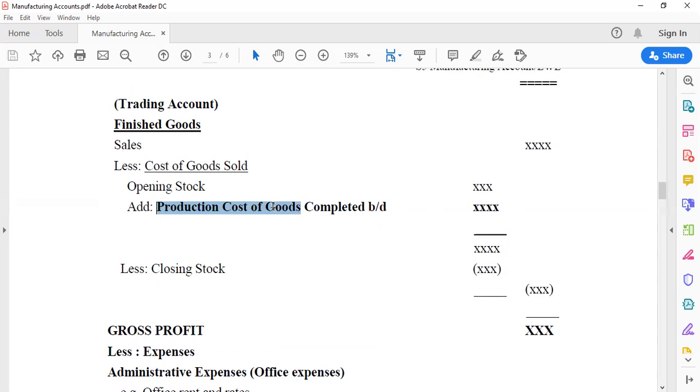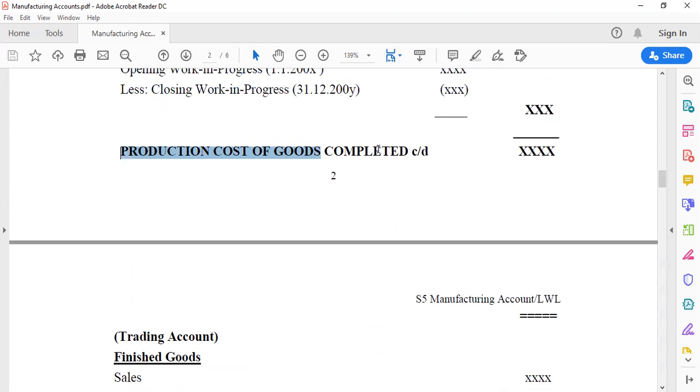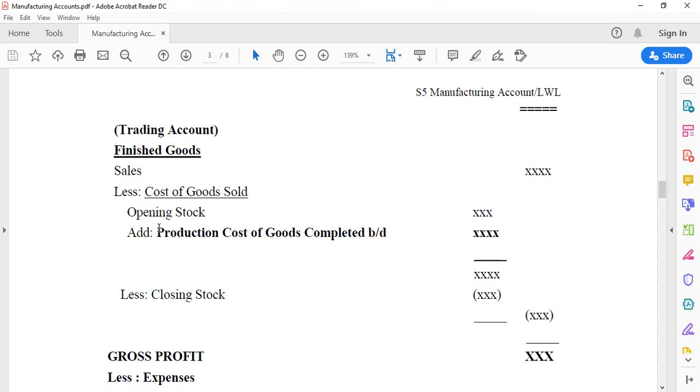The production cost we have now gotten from the manufacturing account, the one up here. We bring it here to the cost of sales. So we add the manufacturing cost, the production cost, to the opening stock, and then we less the closing stock. It will give us the cost of sales.